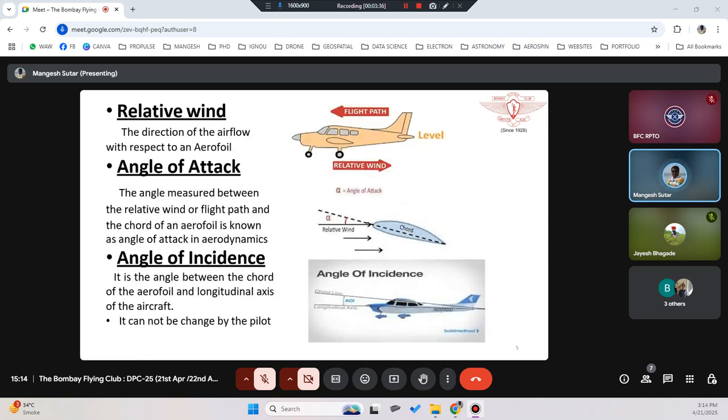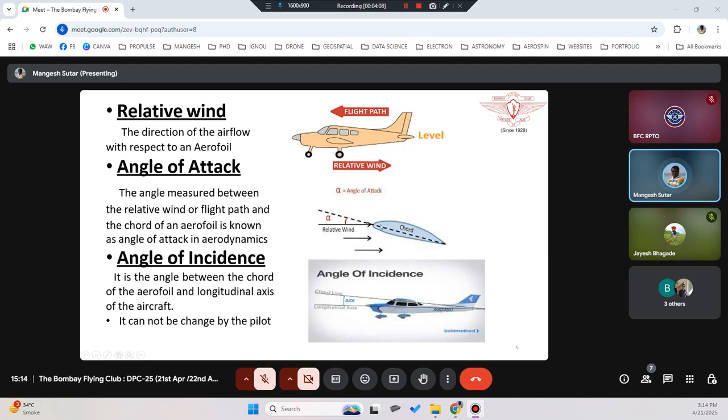Okay, so when the aeroplane is flying, or running on the runway, it is moving in the opposite direction of the wind. So your relative wind is in this direction, whereas your flight path is in this direction. If you look at the wing, this shows you the cross section of the wing, which we call the airfoil.